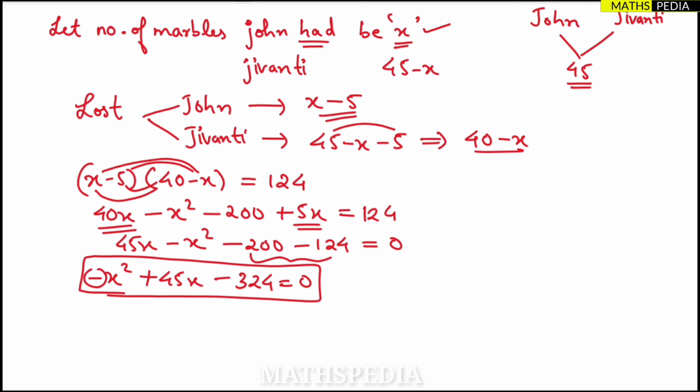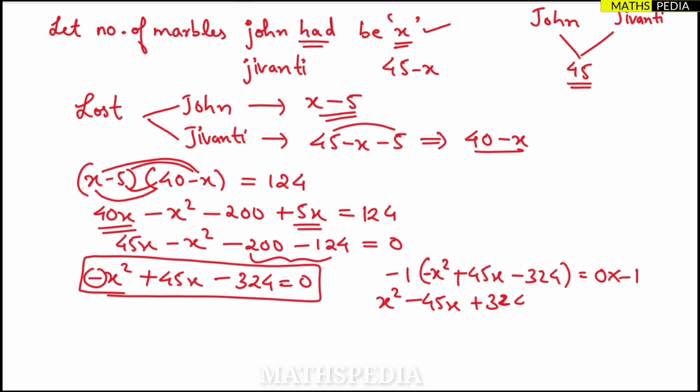If you want to remove the minus sign, just multiply both sides by minus 1. This will be x square minus 45x plus 324 equal to 0. Otherwise both are correct. So this is the final quadratic equation of this form.